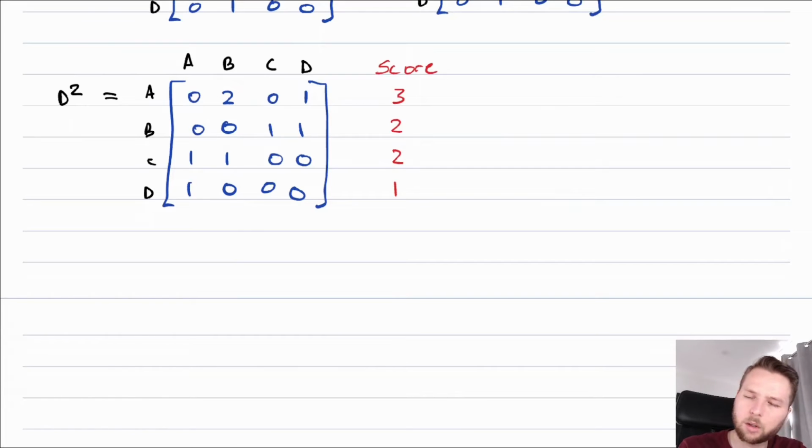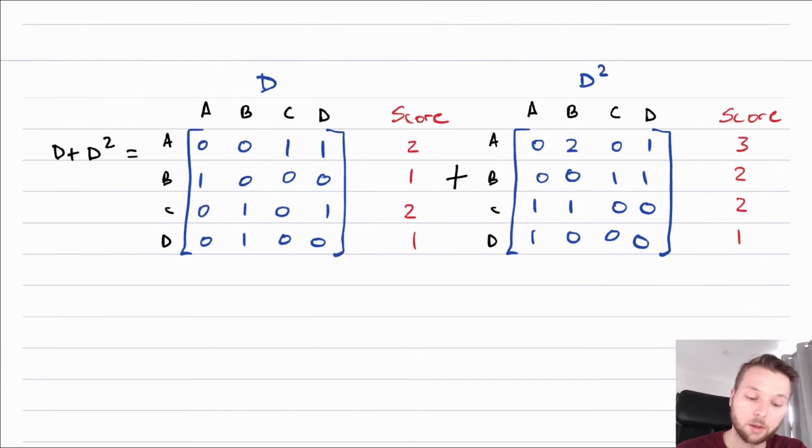Okay, but we're not going to just take this value alone, because this is two-step paths. What we're going to actually do is add D plus D squared. So here I've written D plus D squared. We're going to add those two matrices together, D on the left, D squared on the right, and I've also got the scores there. What we're actually doing is adding all the elements together, but we can skip that cumbersomeness and just add the scores together.